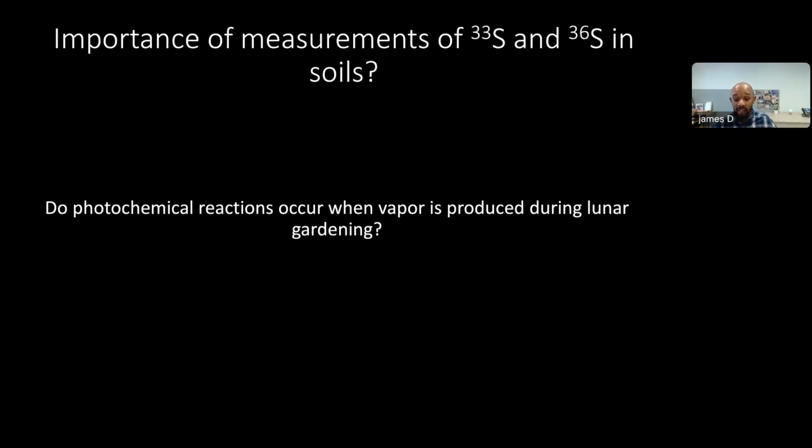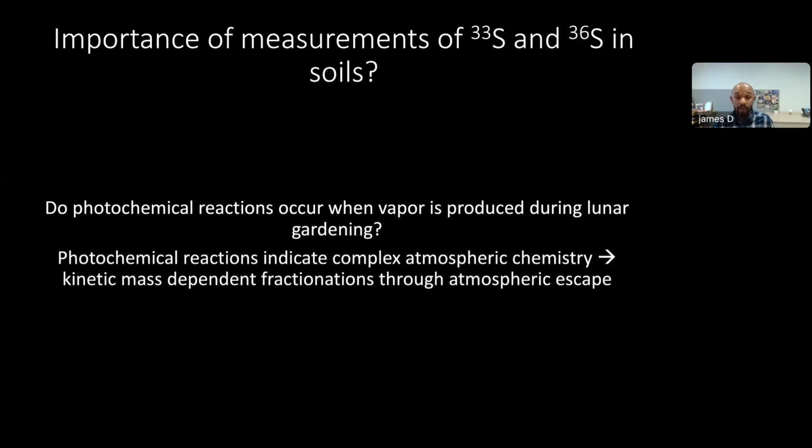If there was a photochemical reaction that we can observe in the minor isotopes, it could indicate some complex atmospheric chemistry that includes kinetic mass-dependent fractionation through atmospheric escape. And ultimately, you could have mass-independent fractionation imprinted on the mass-dependent fractionation of sulfur loss of that vapor that's ultimately added to the soil grains.